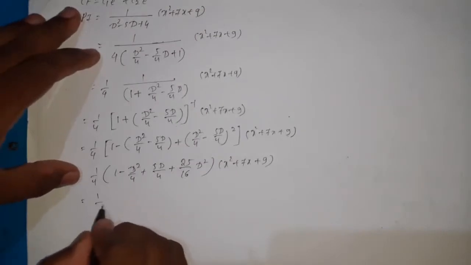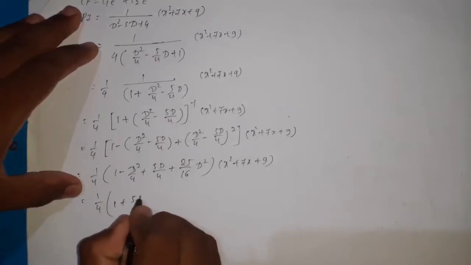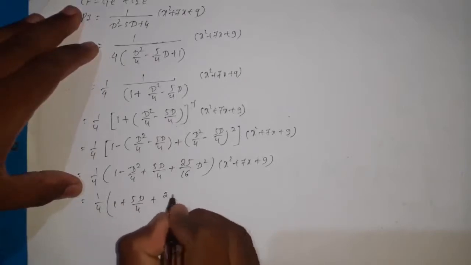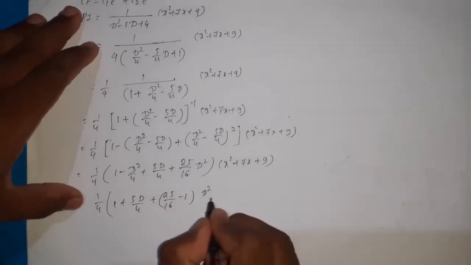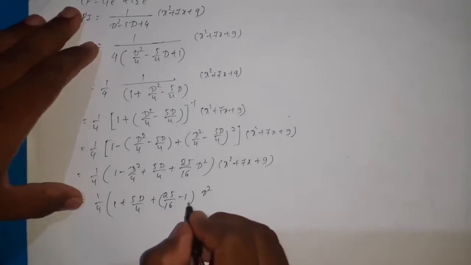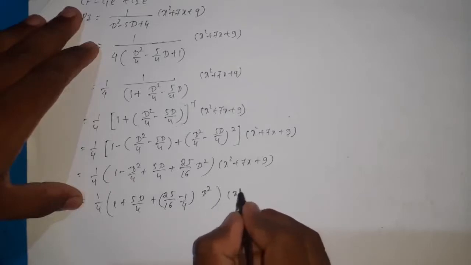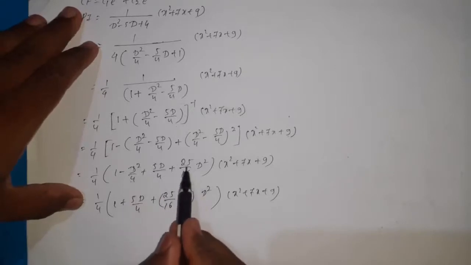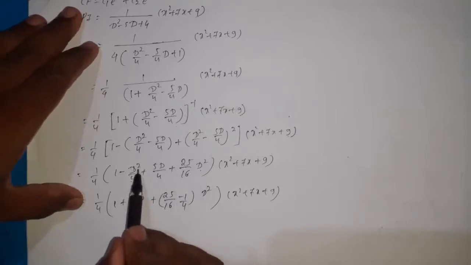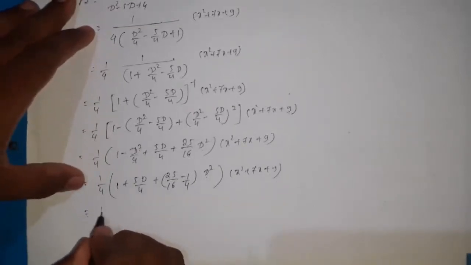Then it is equal to 1 by 4. Now 1 plus 5D by 4 plus (25 by 16 minus 1) into D square. So here this becomes 1 by 4 into x square plus 7x plus 9, means in these two terms, 25 by 16 D square and minus 1 by 4 D square, we can take D square outside, then we will get this constant term. 1 by 4.